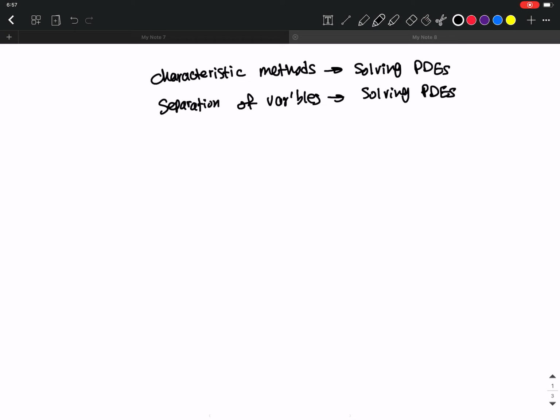But in separation of variables, what we are gonna do is propose a solution which is composed of the product of two functions. And we are gonna convert a PDE, partial differential equation, into ordinary differential equations.